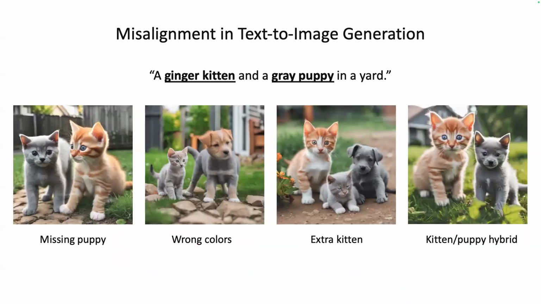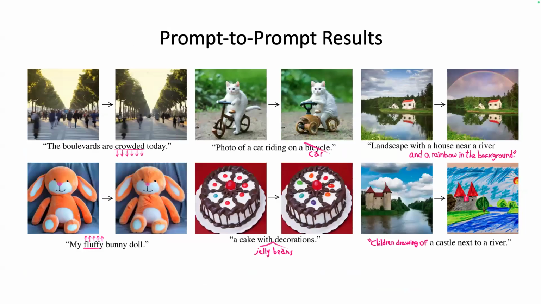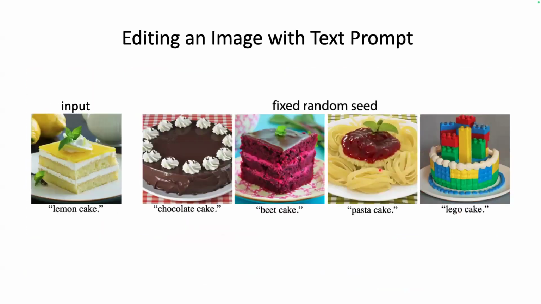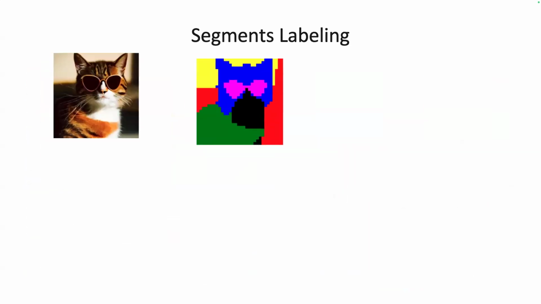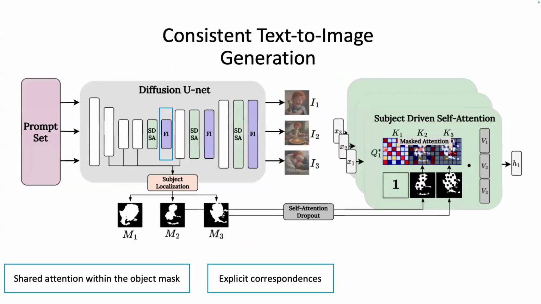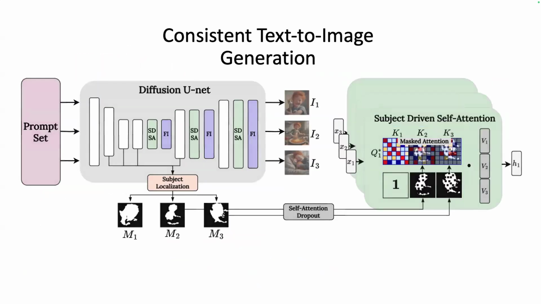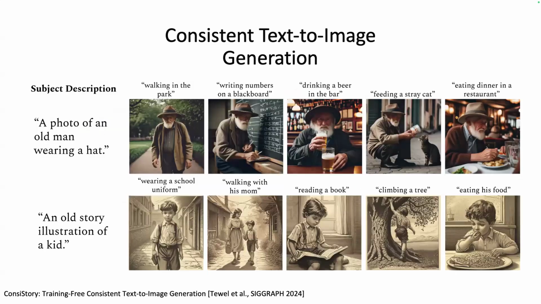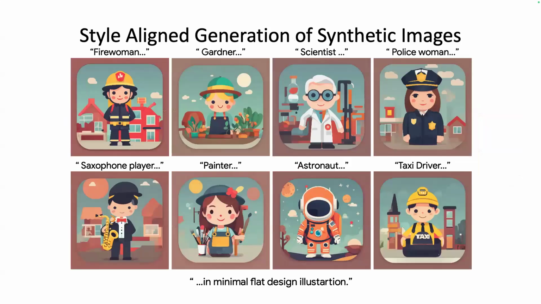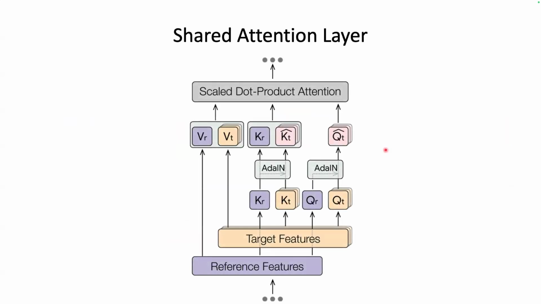But intuitively, the reason to apply AdaIN is to bridge the domain gap that we've seen in cross-image attention, and as we saw there, you need to bridge the domain gap only to find the correspondences.